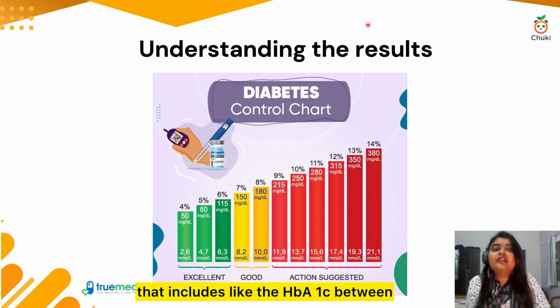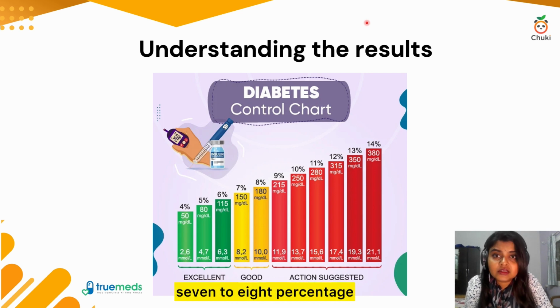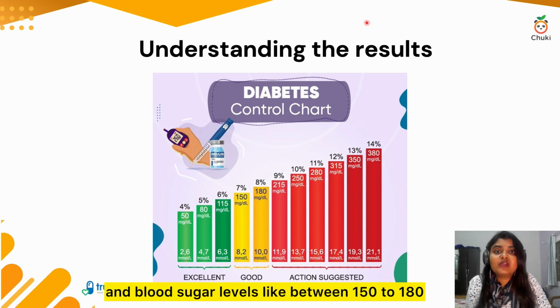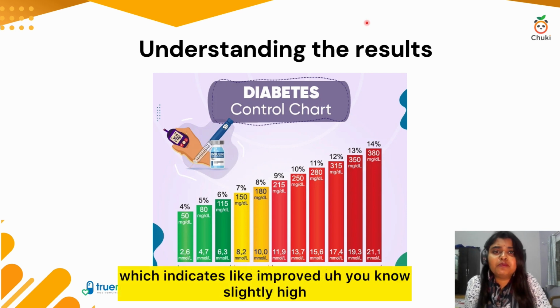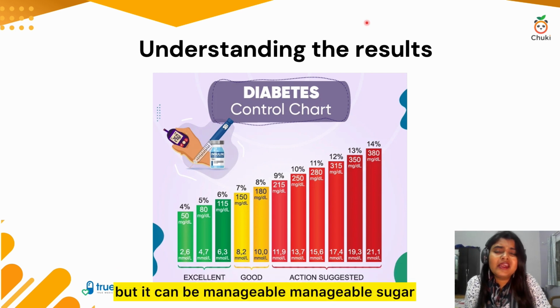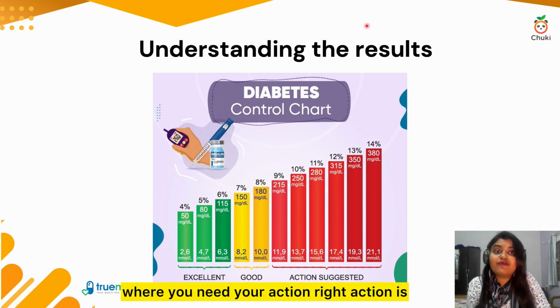The yellow zone over here represents good control. That includes HbA1c between 7 to 8 percent, and blood sugar levels between 150 to 180, which indicates improved, slightly high, but manageable sugar levels, with improved diet and exercise. The red zone over here is where you need action. Action is suggested in this condition.